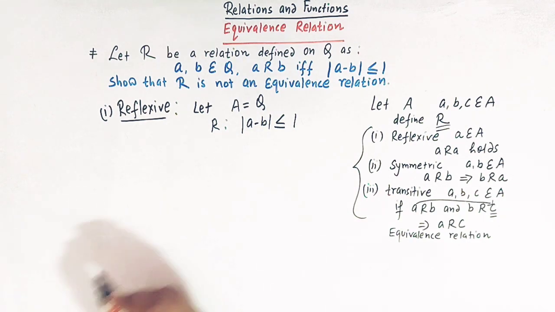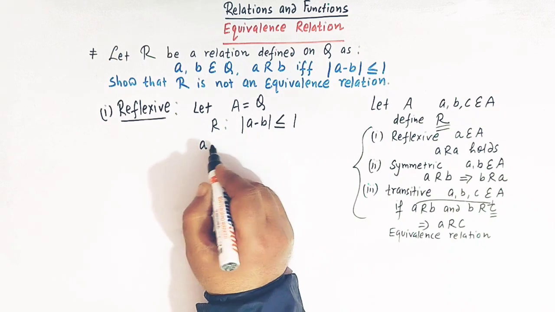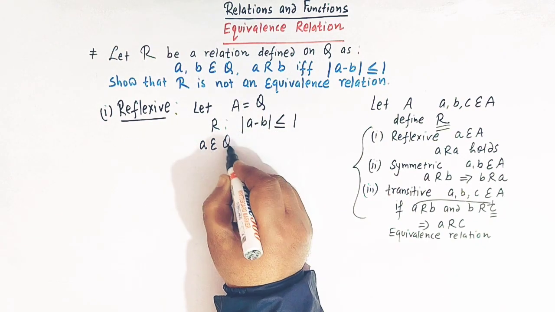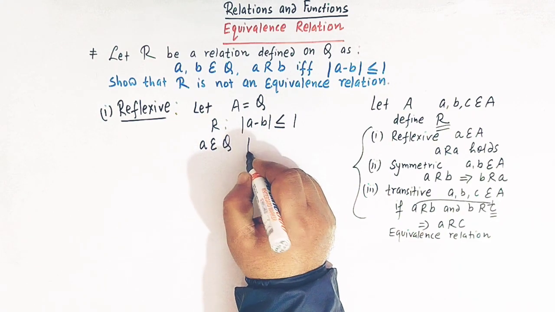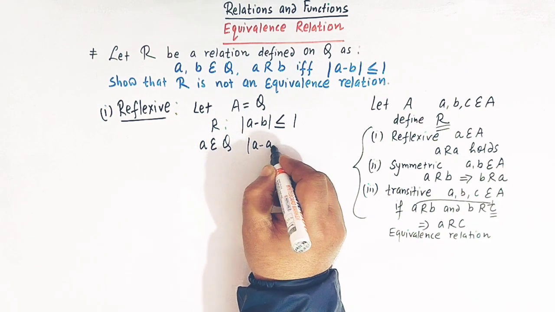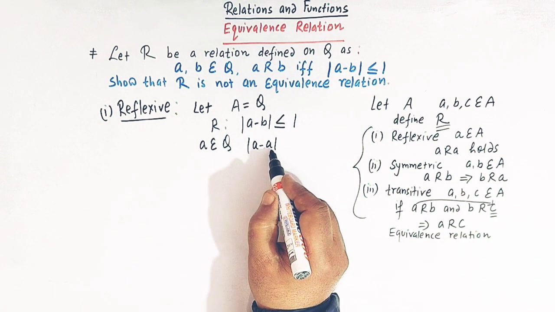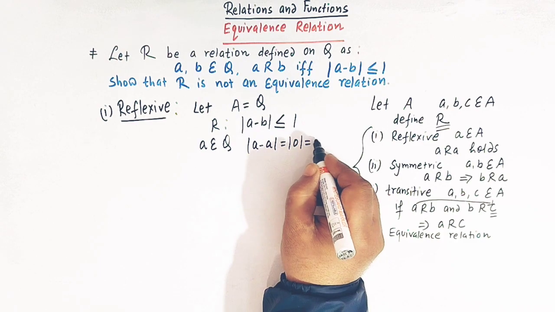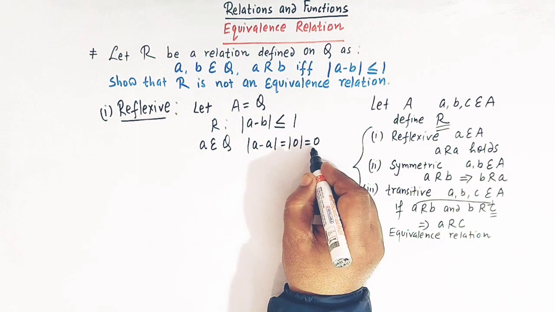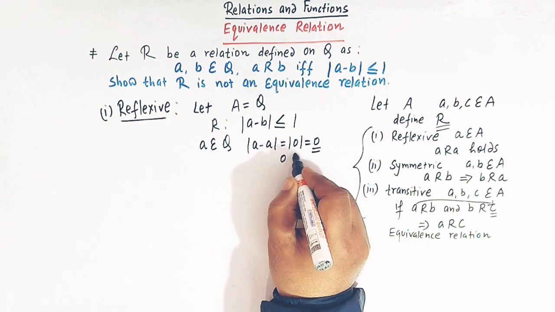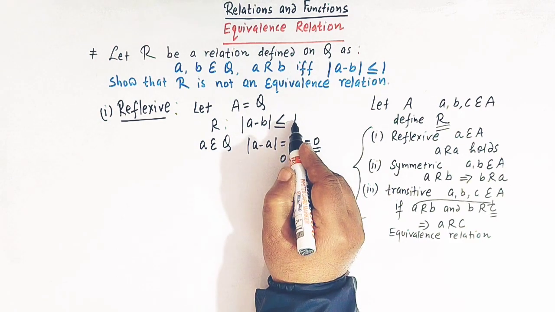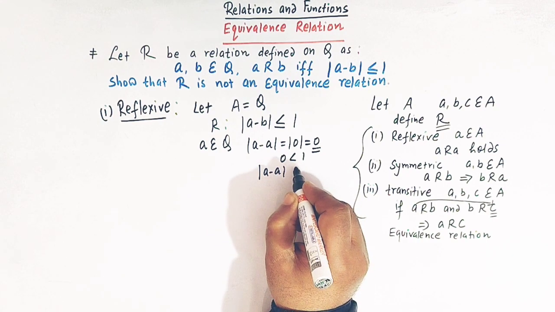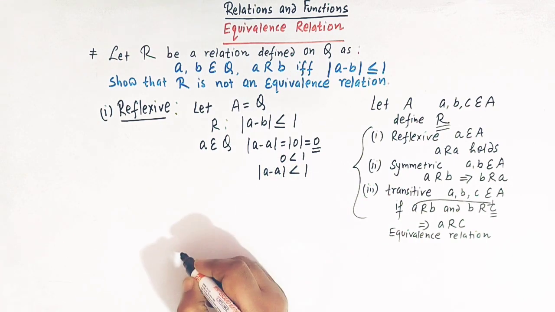If we have an element A which belongs to our set Q, then we can easily see that mod of A minus A is mod of 0, and mod of 0 is equal to 0. And this 0 is obviously less than 1. So we can say that mod of A minus A is less than 1.